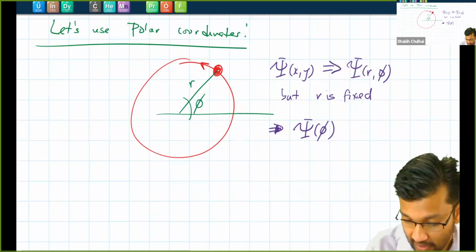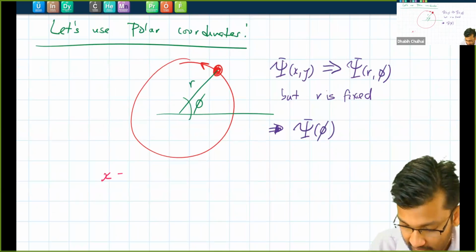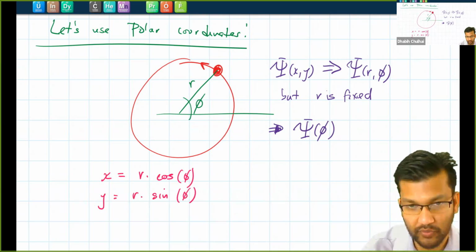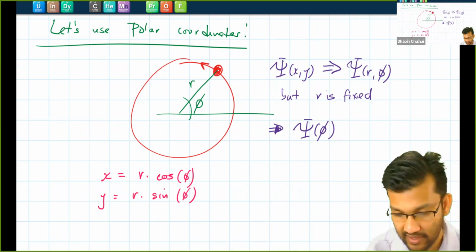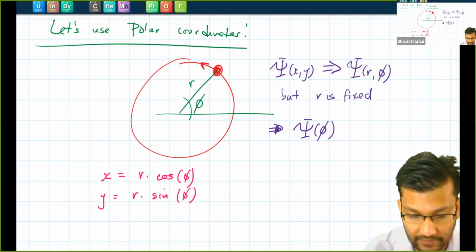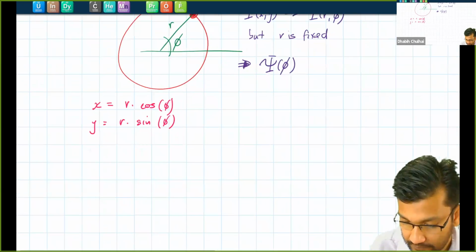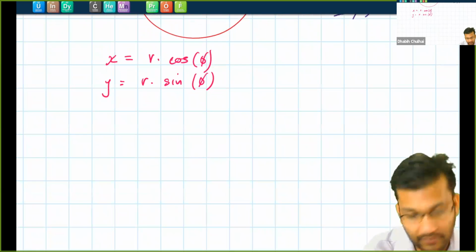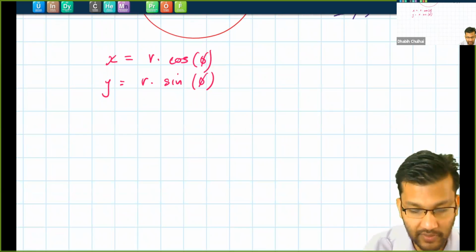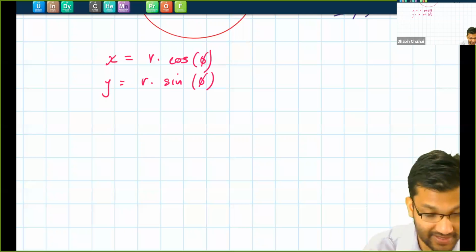In this setup, x would be r times cosine of this angle, and y is equal to r times sine of this angle, in case you forgot how to convert between polar coordinates and Cartesian coordinates. There are a lot of other neat little tricks that we're not going to derive. I'm just going to tell you what they are, and you'll have to trust me.